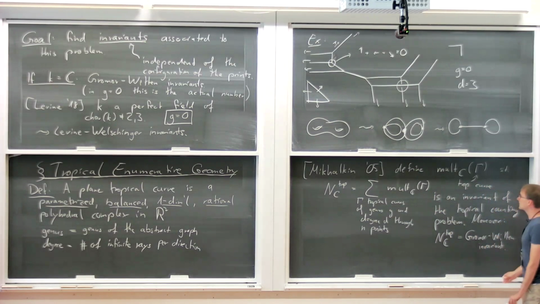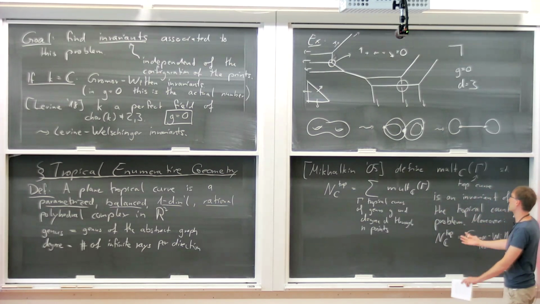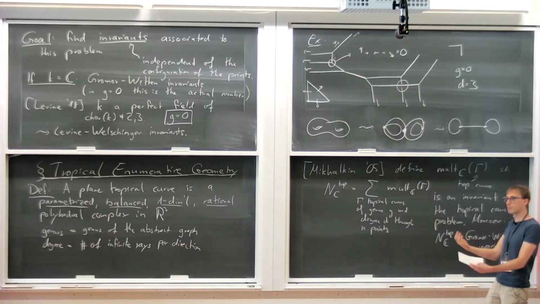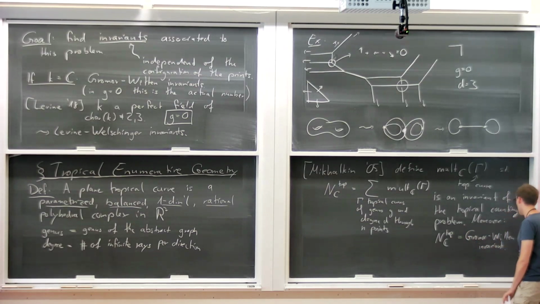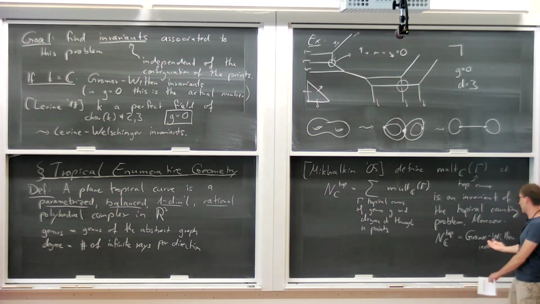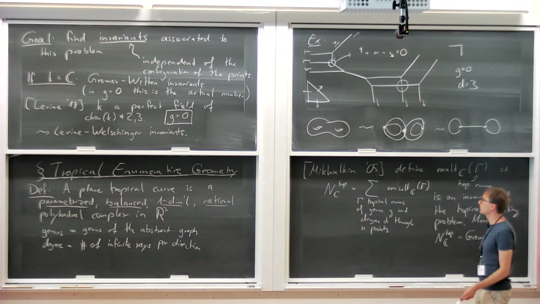So in some sense, Mikhalkin was not just solving a tropical enumerative problem in the sense that he managed to come up with an invariant, but he managed to do this in a very clever way, in the sense that it is related to the original algebraic geometric counting problem by actually solving it in a purely combinatorial way.